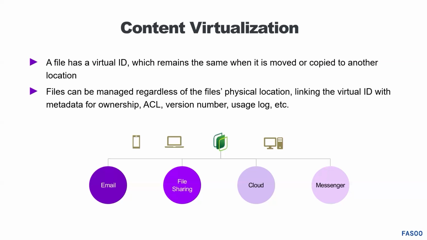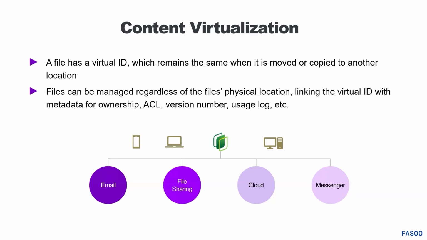So it's very easy by using a metadata-based approach to understand what is current and then what is valuable. And regardless of where that particular document goes, that's why we call it content virtualization. We are linking all of these virtual IDs together.